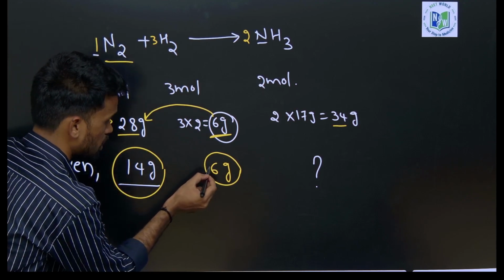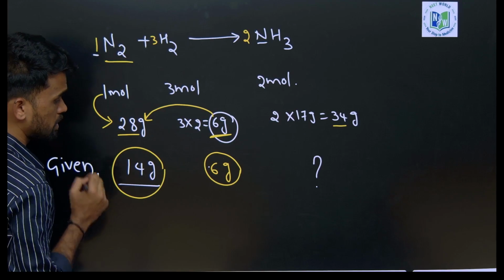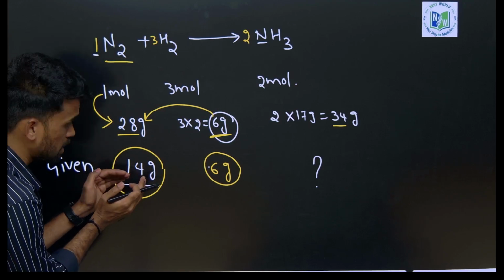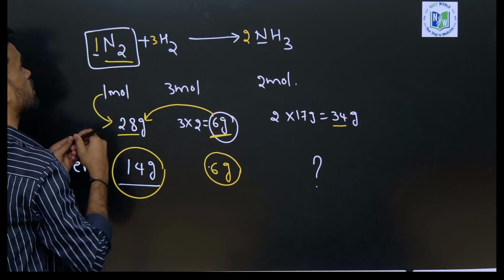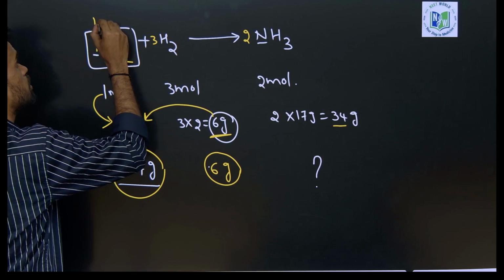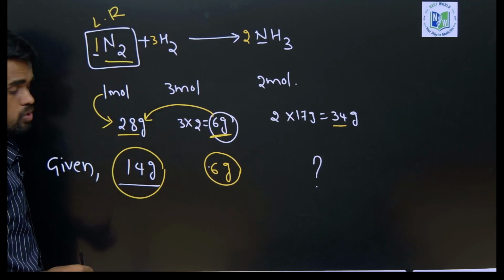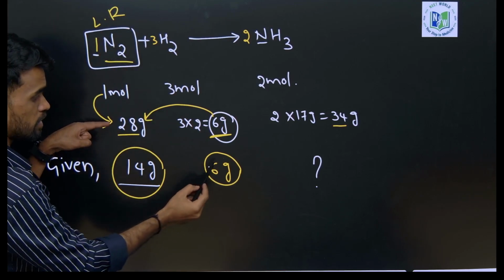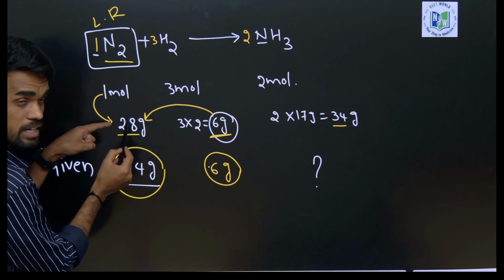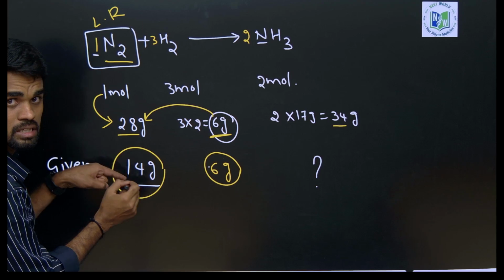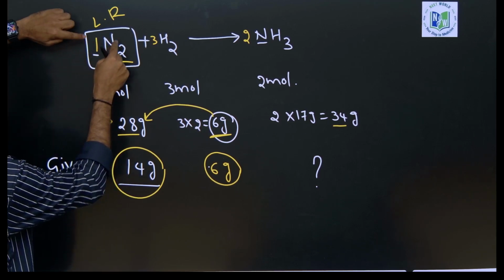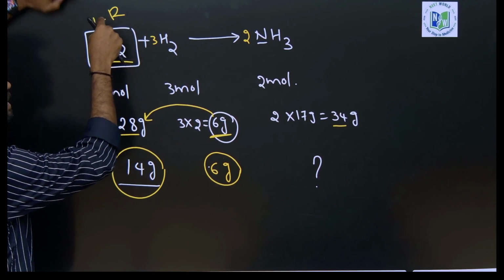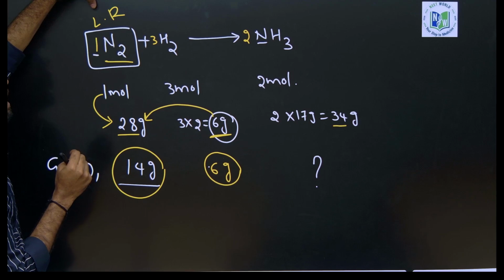So for these 6 grams we have only 14 grams. Can I say this is lesser than our requirement? Whatever reactant is in lesser quantity can be considered the limiting reagent. Because for every 6 grams we required 28 grams, but we are provided only 14 grams, it is lesser than our requirement. So we can call that the limiting reagent, which I am representing as LR.